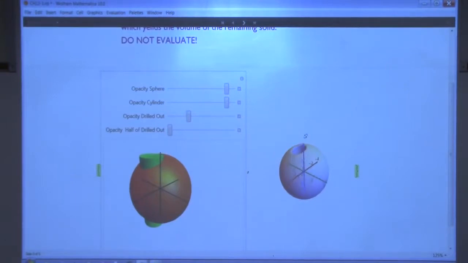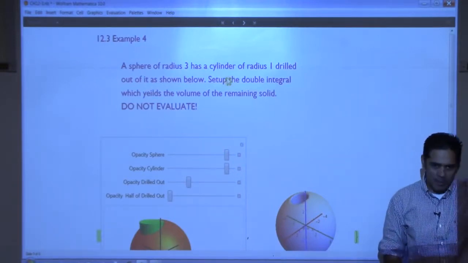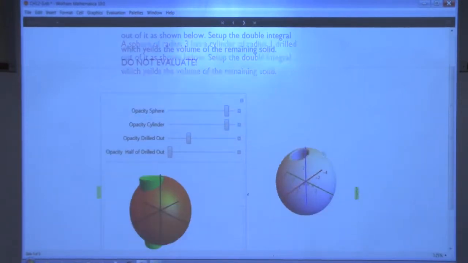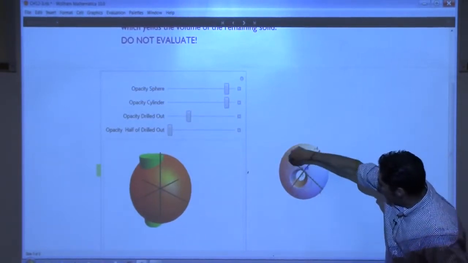So the idea here is that the radius of the sphere is 3. And I come in here with a drill bit that has a radius of 1. But this drill bit, I'm not going right through the center of the ball. That would be too easy to find the volume. Instead, what I'm doing is I'm drilling so that this is the x-axis, by the way, this is the y-axis.